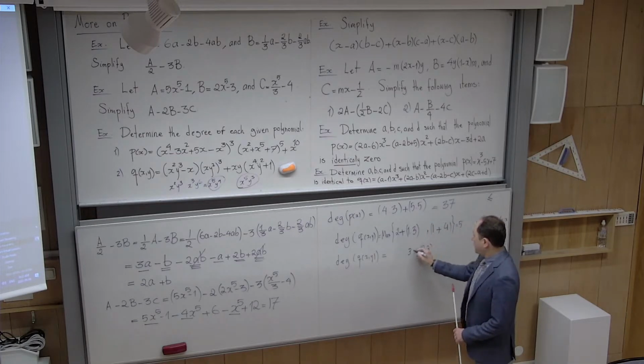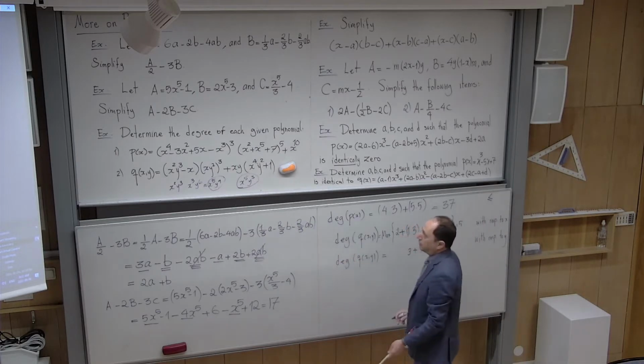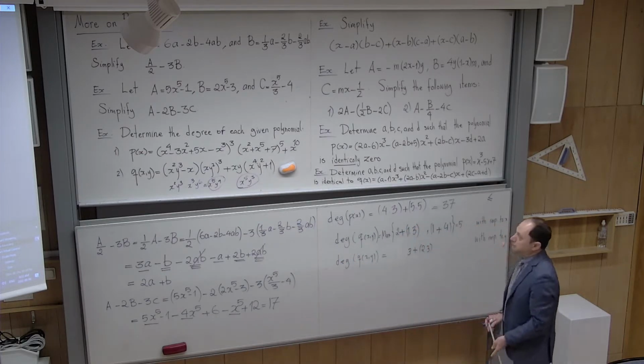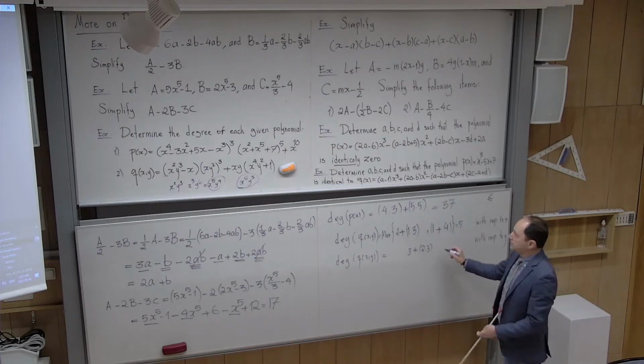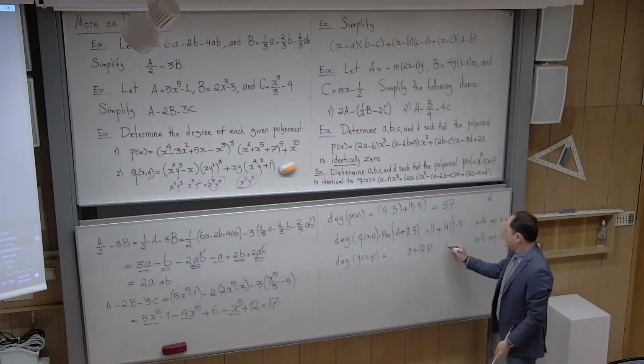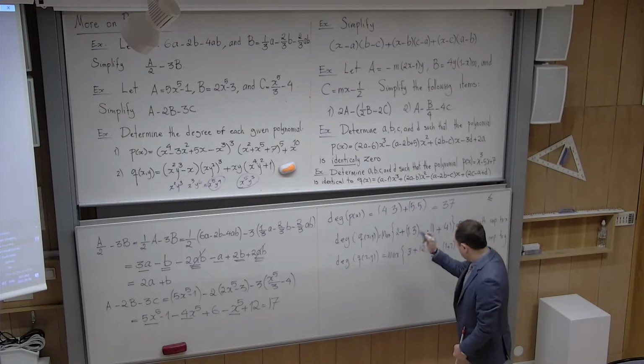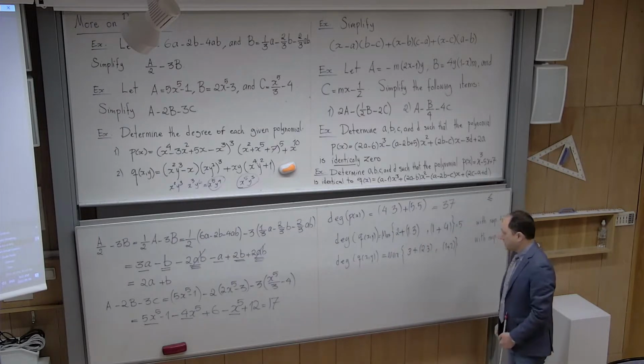And then I have to add them to find the degree of the first part with respect to y. And the degree of the second part with respect to y is this one 1, this one 2. So this becomes 1 plus 2 because I'm multiplying them. Yes? And then again, there is no danger of simplification, canceling out, so I just take the maximum.